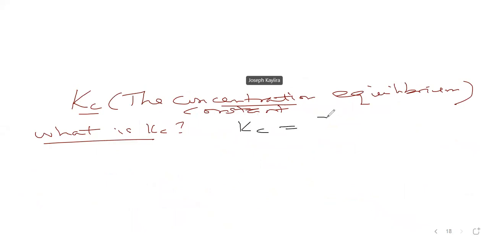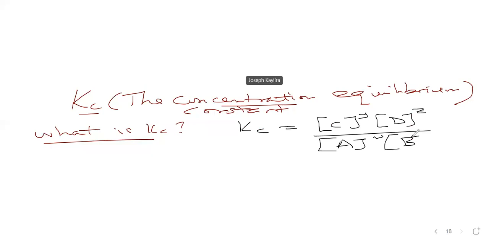We have just said Kc is concentration of C power Y, concentration of D power Z, over concentration of A power W, concentration of B power X. Where have we got Y, Z, W, and X from? A stoichiometric equation.